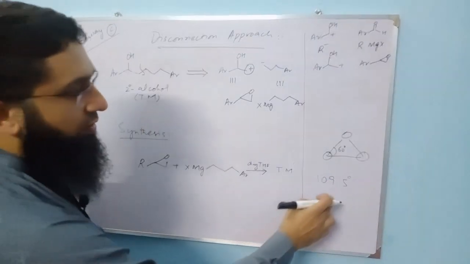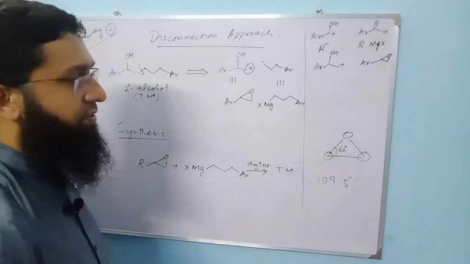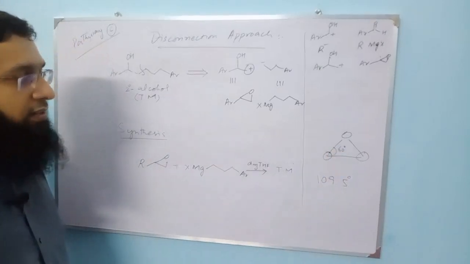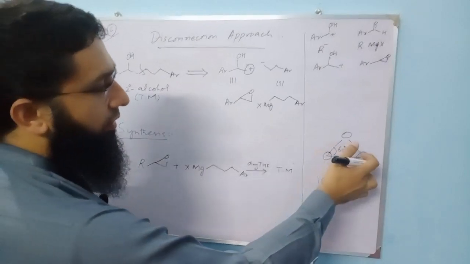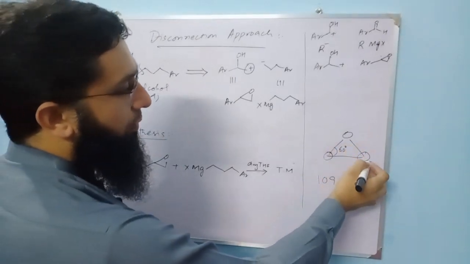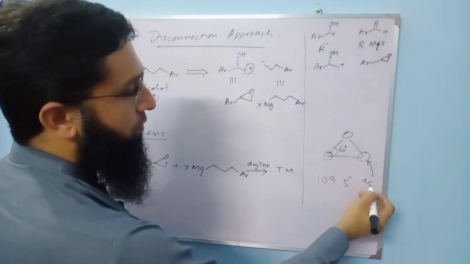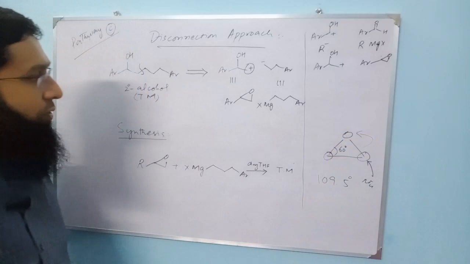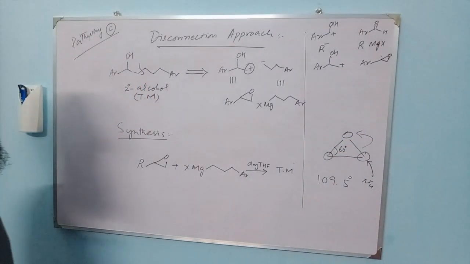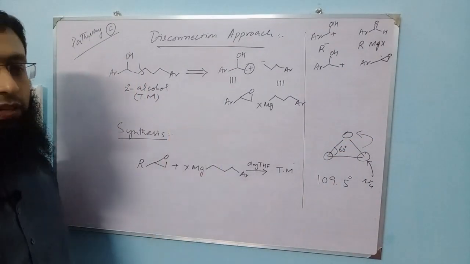So this difference causes ring strain, and as a result of this ring strain, they are opened up, they are attracted by nucleophiles. So nucleophiles attack and the ring is opened. So that's why we can use epoxides in this case.